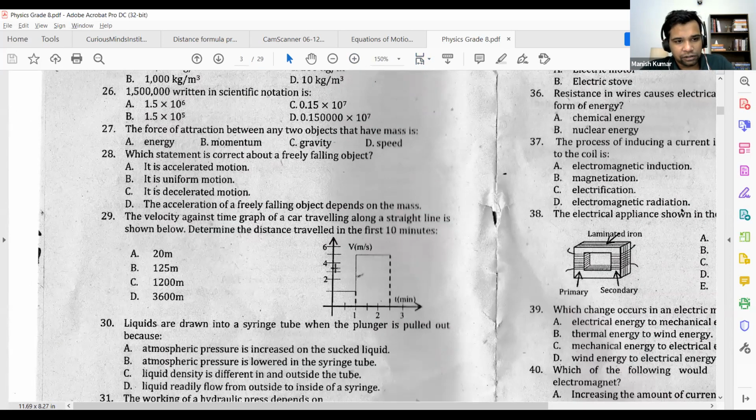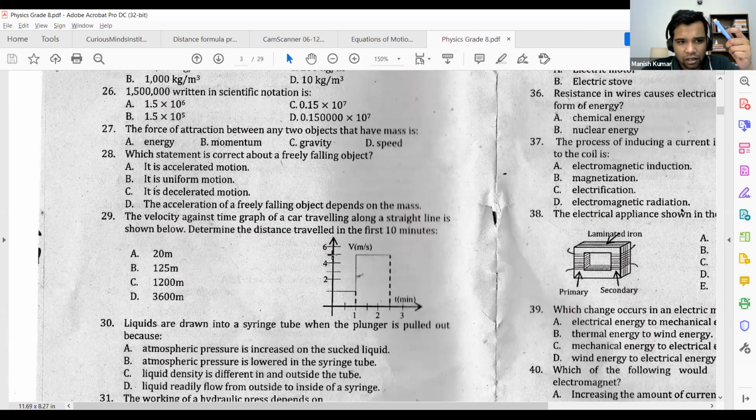During the first 1 minute, the velocity is 1 meter per second. Can you see that? Between 1 minute and 2.5 minutes, the velocity is 5 meters per second, right?